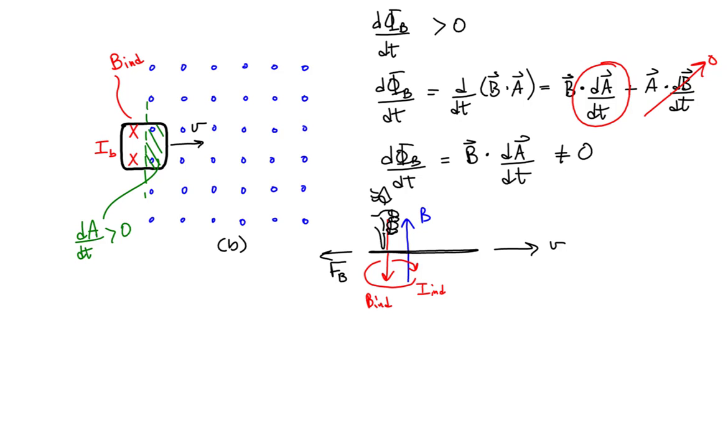So the current in this conducting loop is circulating around in the clockwise direction. So we will say I of B is clockwise.